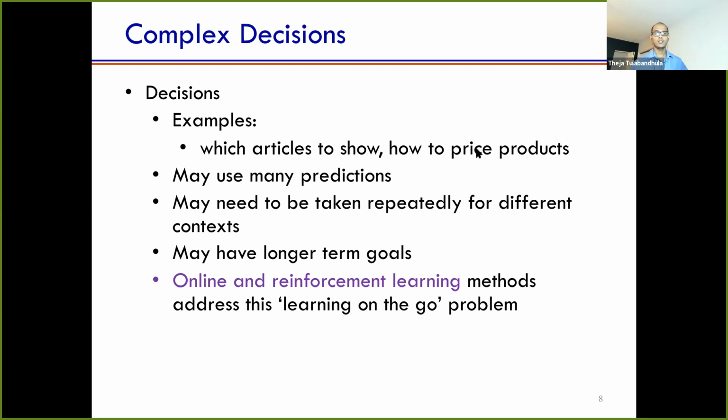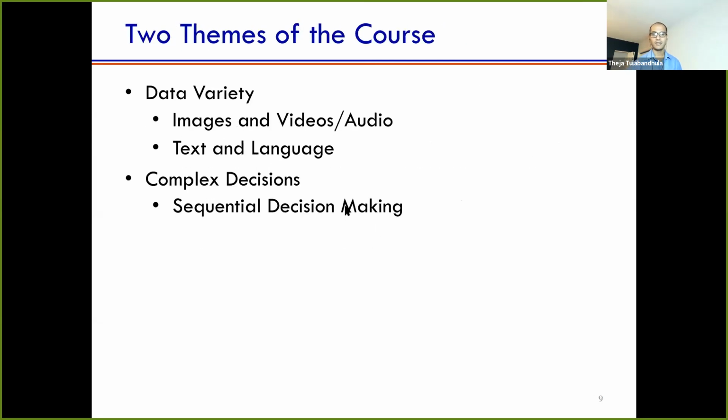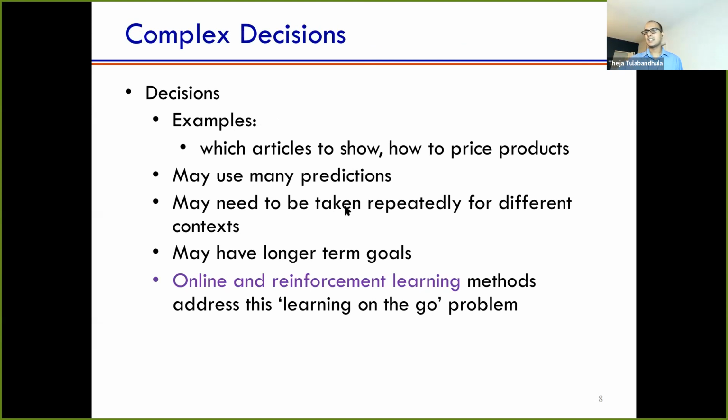In this course, as I said, decision making is itself a broad area, just like machine learning is a broad area, and we're only looking at deep learning. Decision making is a broad area within which we're only looking at sequential decision making, where we take decisions in a repeated manner.